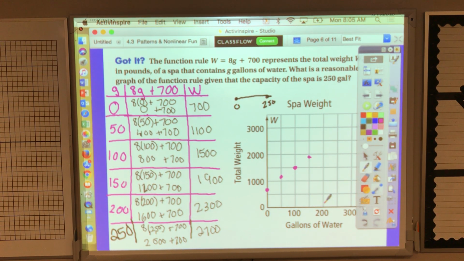At 200, I'm at 2300. And at 250, I'm at 2700. Remember, that's the farthest I can go, so I'm going to connect those dots with only a segment. I should connect them because I can have partial pounds and partial gallons. So there's my graph for that problem.